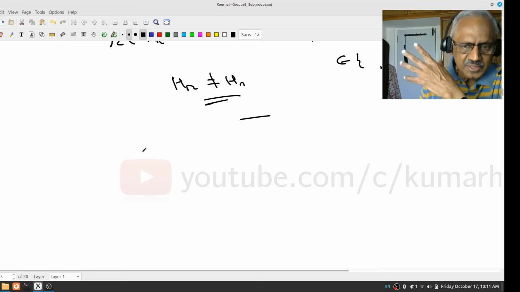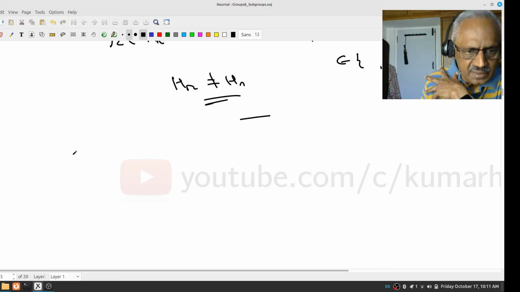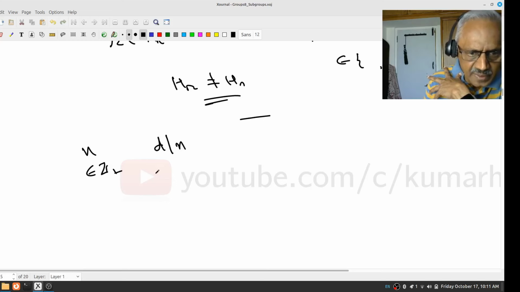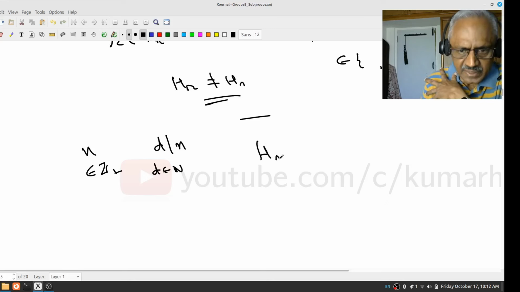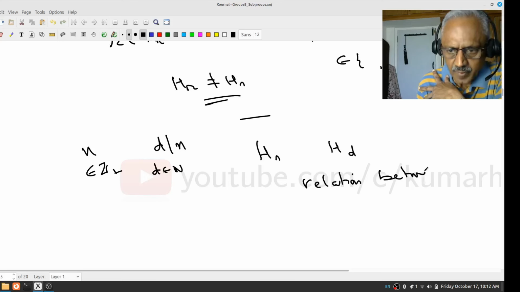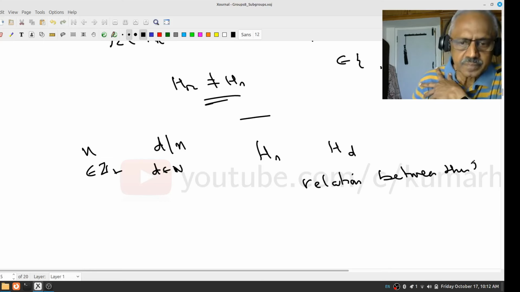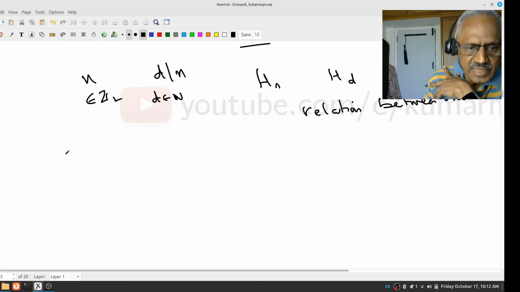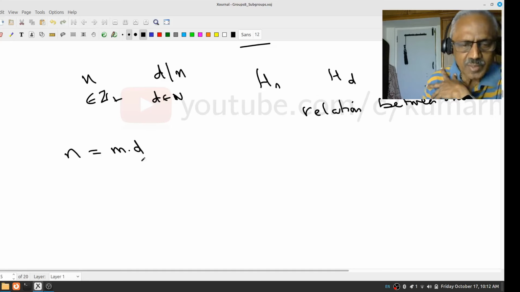Next, I'm just playing with this. Suppose I have n and d is a divisor of n. Of course, assume that n is in z plus and d is a natural number that divides n. Then I have hn and hd. What is the relation? Notice that d divides n means n is a multiple of d.